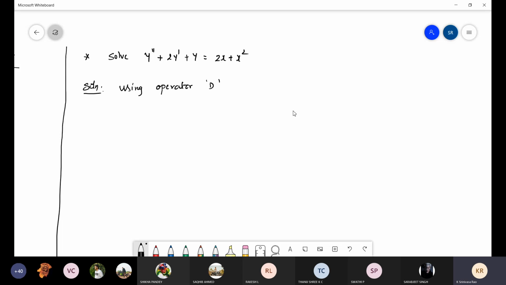Y double dash is nothing but d square y, plus 2 times dy, plus y equals 2x plus x square. So take y common: d square plus 2d plus 1 into y equals 2x plus x square.